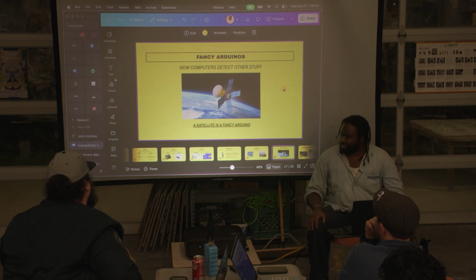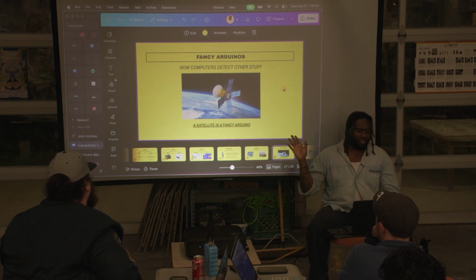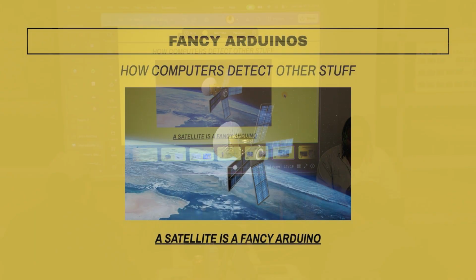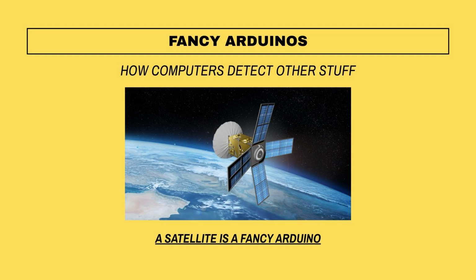And this is sort of the test of my framework, is to realize that one of the most complicated things we've ever made, an Earth orbiting satellite, is just a fancy Arduino. There is a computer inside of it. It needs to figure out its orientation. There's a little gyrometer inside of it. It needs to send information back to Earth.